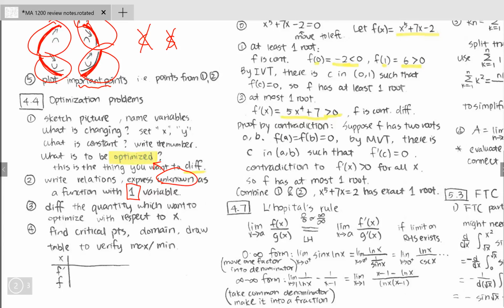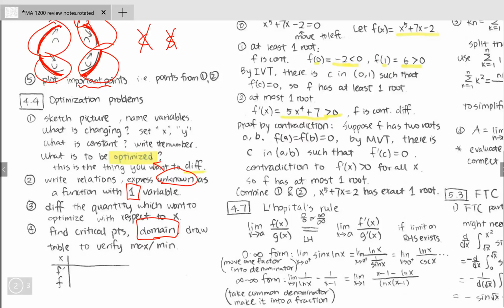And then we can differentiate this unknown quantity with respect to x, okay? Or maybe your variable is r, but we know it's a function of one variable. You can take the derivative, and then you can find the critical points and domain. So domain is so important, because sometimes you might have a couple of critical points, but only some of them lie in the domain.